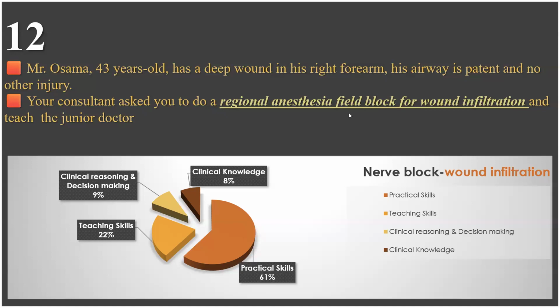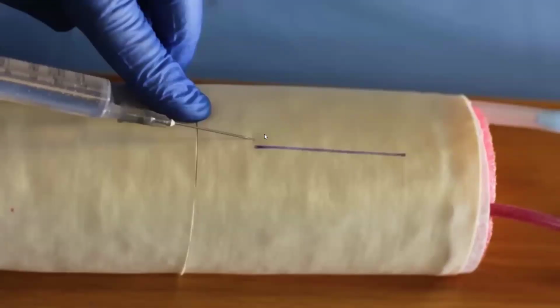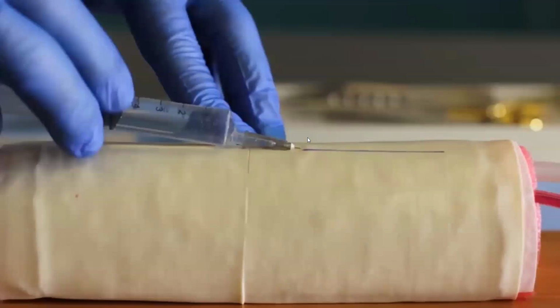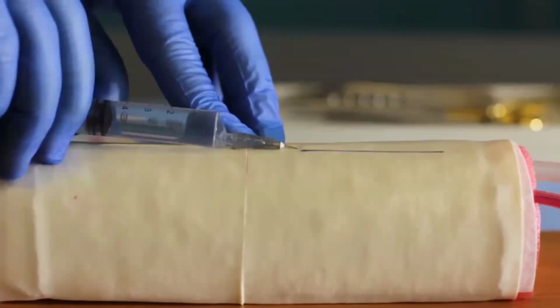Here also for the procedure, you should say insert the whole needle length, for example 3 centimeters from the start of the wound till the middle of the wound, the edge. Aspirate, no blood, then inject 1 cc, remove the needle 1 centimeter, and do the same.